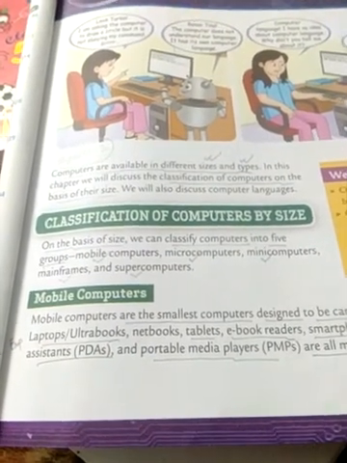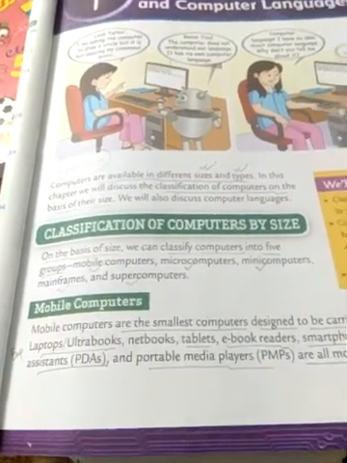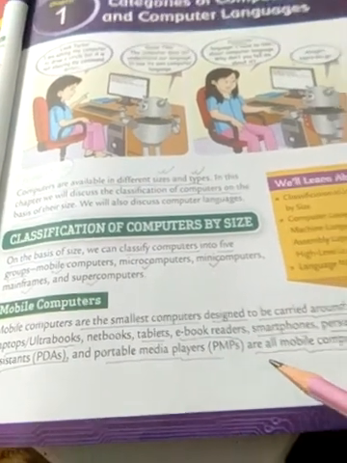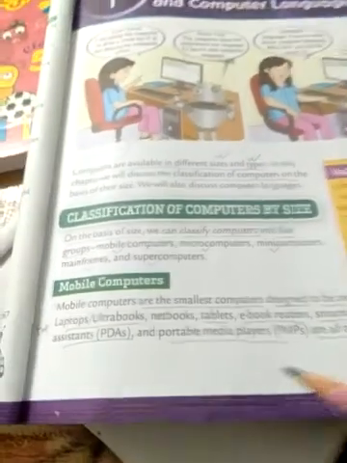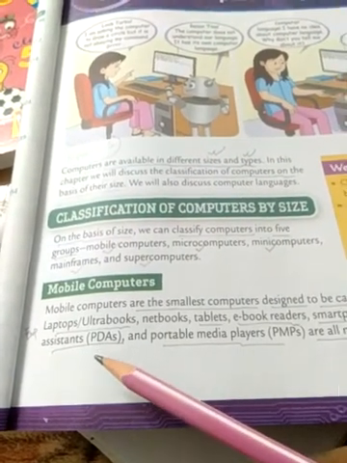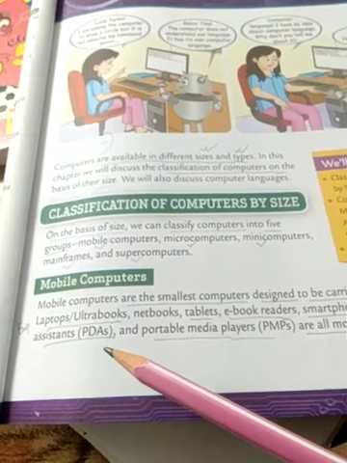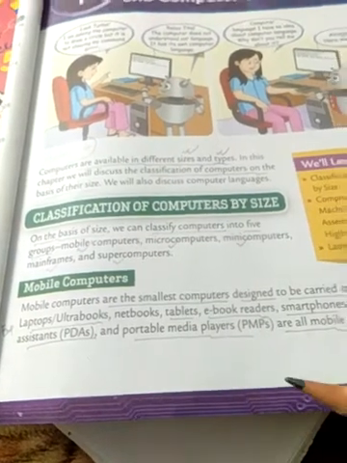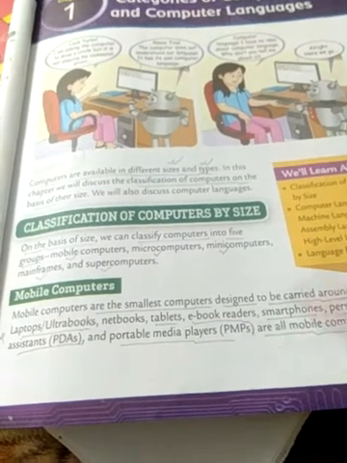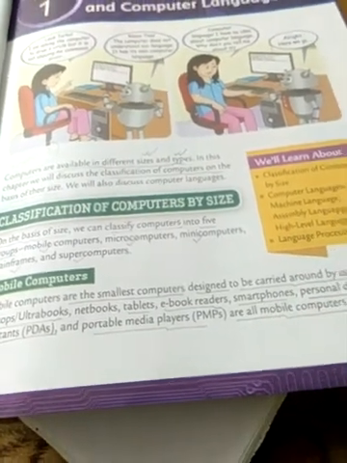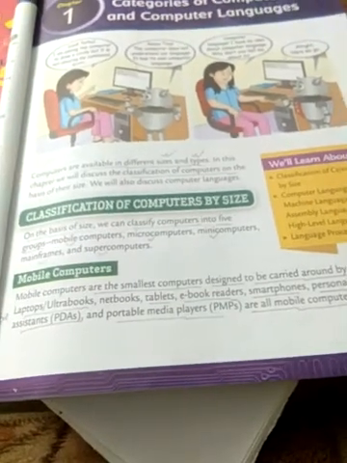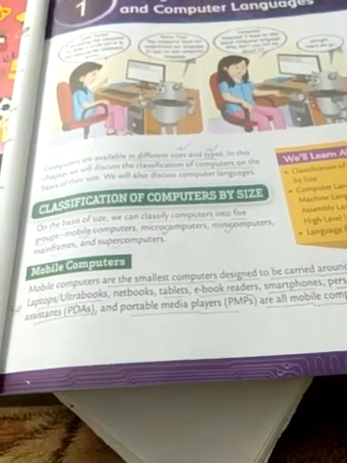Laptops or ultrabooks, netbooks, tablets, e-book readers, smartphones, personal data assistants, or will be called PDAs. This is the acronym. And PMPs, that means the portable media players. These are all the mobile computers. These are the examples of the mobile computers.